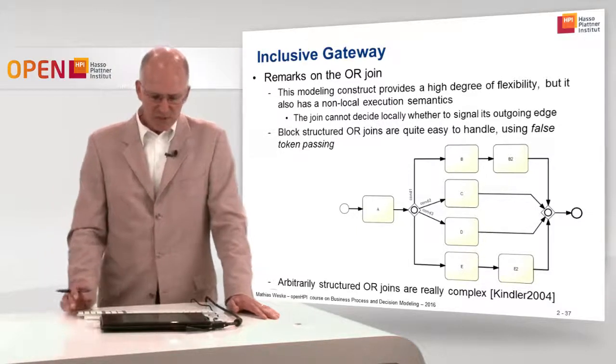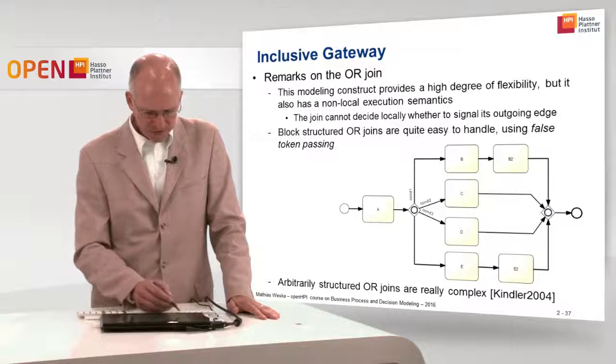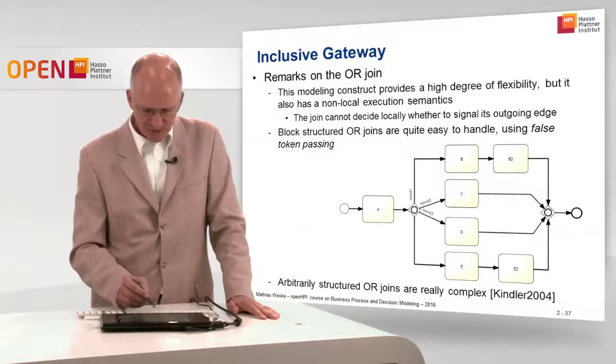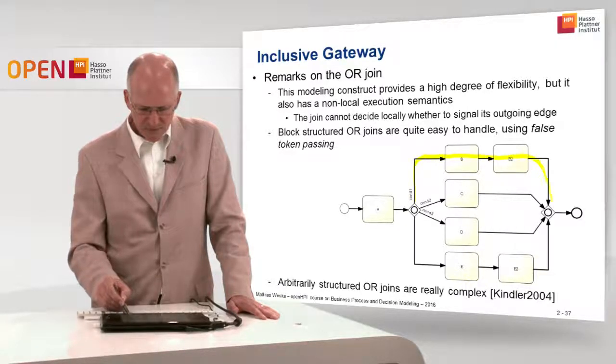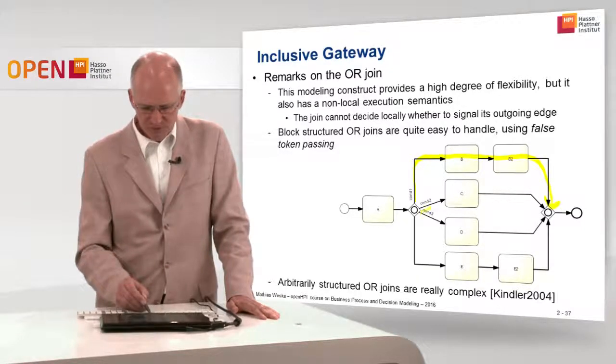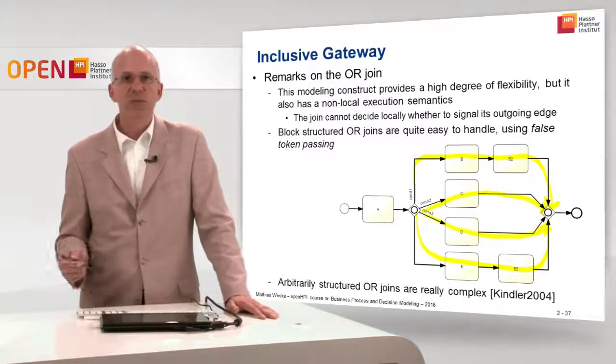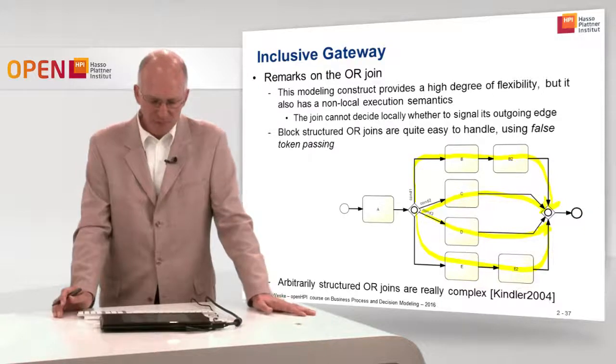In block-structured OR joins, from each outgoing edge of the OR split, the only paths are ones that lead to the OR join. So this one leads to the OR join, that one leads to the OR join, that one leads to the OR join, and that one leads to the OR join as well. So in this case, we have a block-structured model.